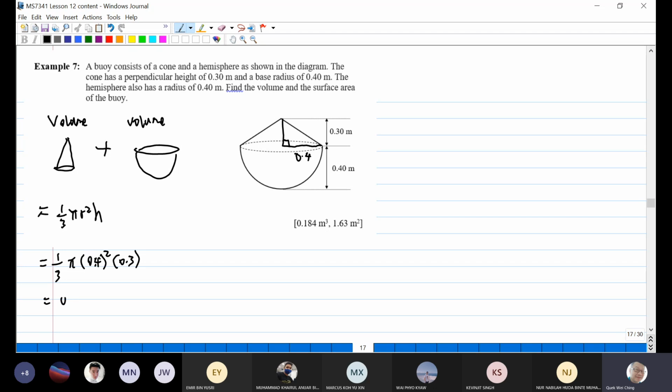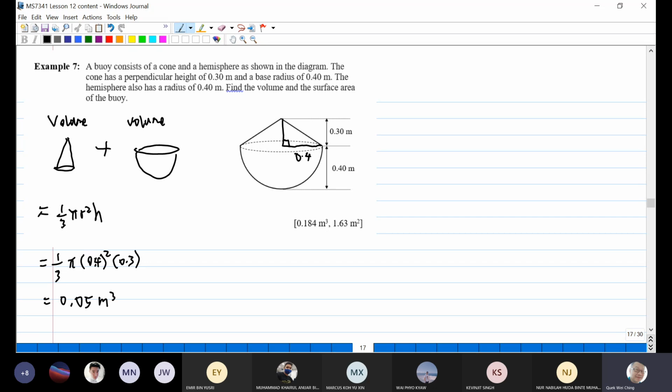That is about 0.05. So this is in meter cube. That is the volume of the cone.